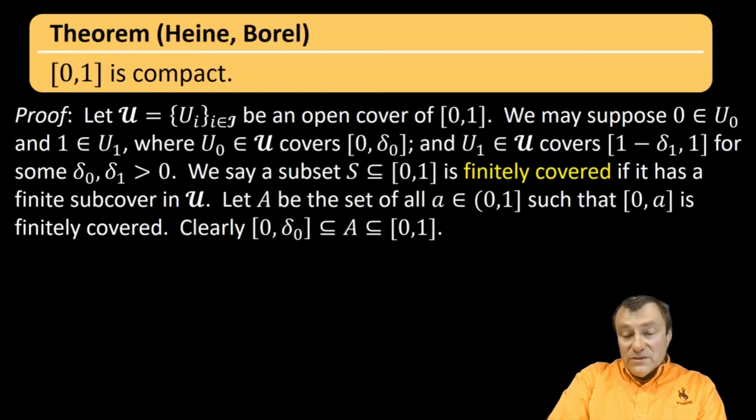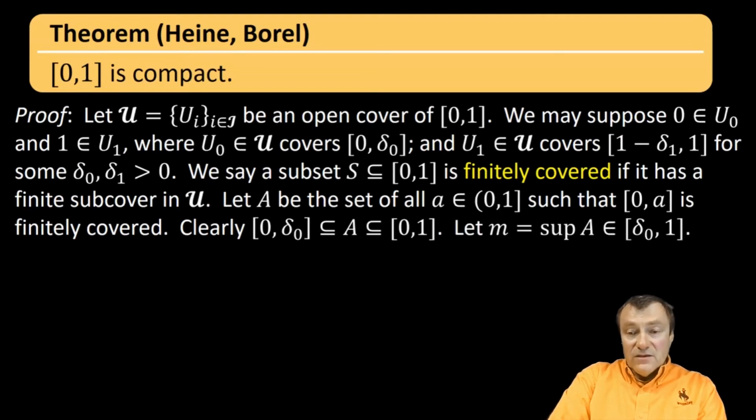In particular, this says that A is a nonempty bounded set. So A has a supremum, which we'll call M. And this number M is somewhere between delta 0 and 1 inclusive.